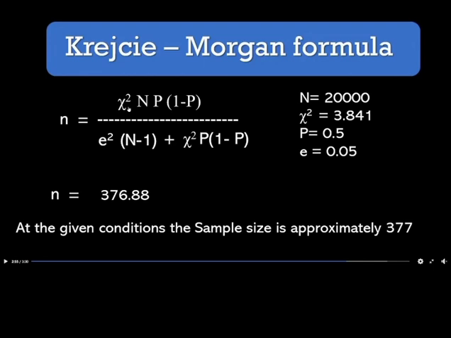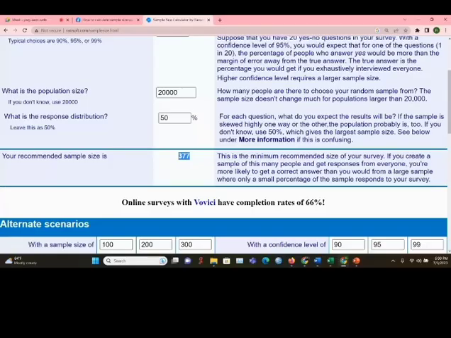What's the sample size? 20,000? No, that's the population, madam. The sample size. So out of the 20,000, we will only need to get 377. According to our video, it's 377.